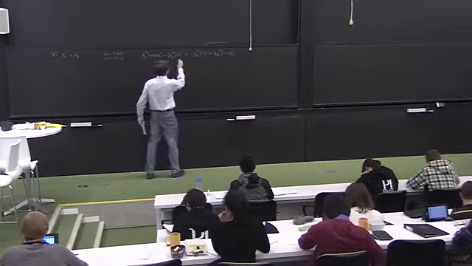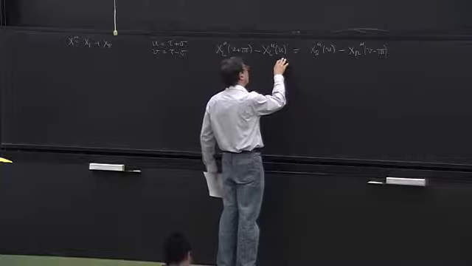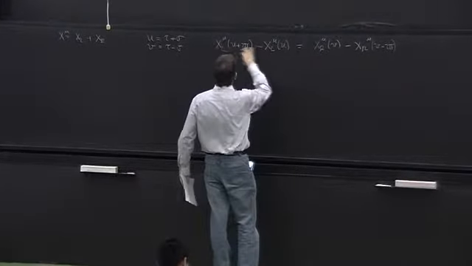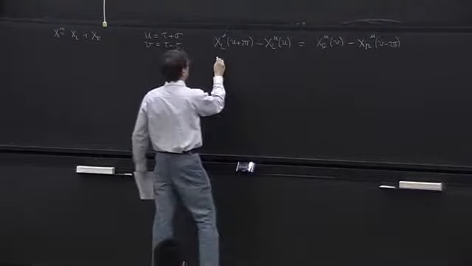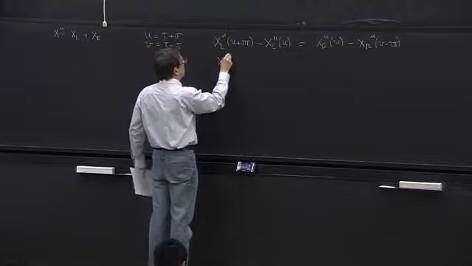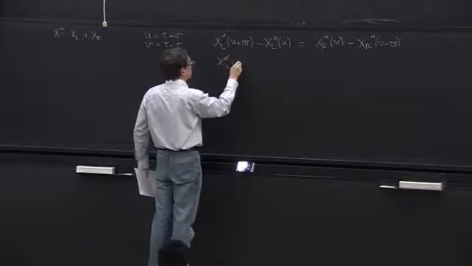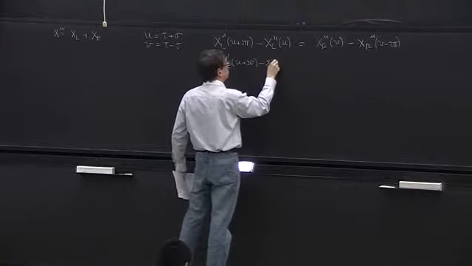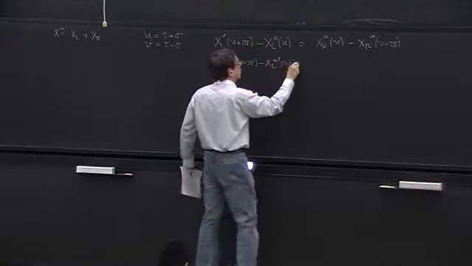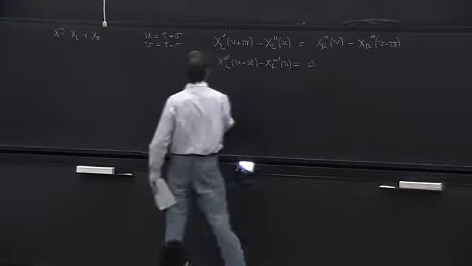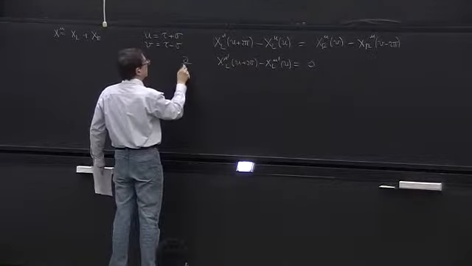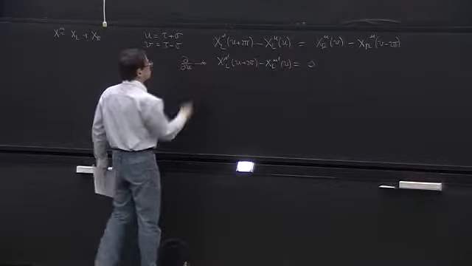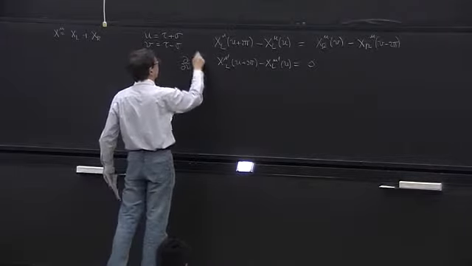And therefore, the left-hand side would give you x left mu prime of u plus 2 pi minus x left mu prime of u equal 0, because you're taking a du derivative in this equation.